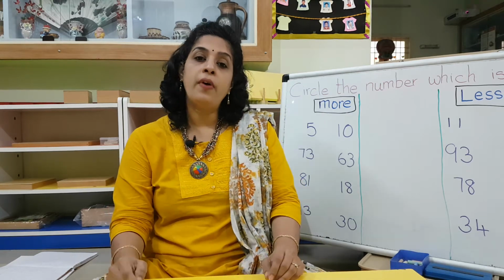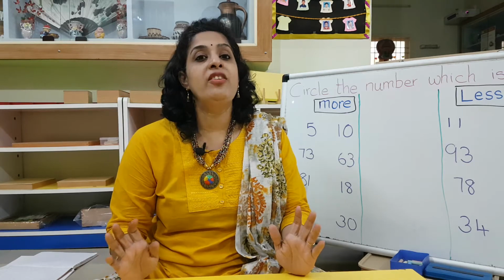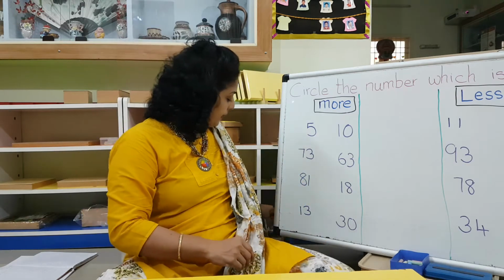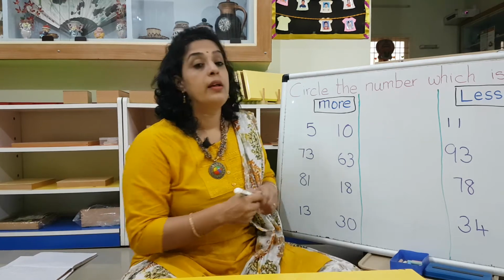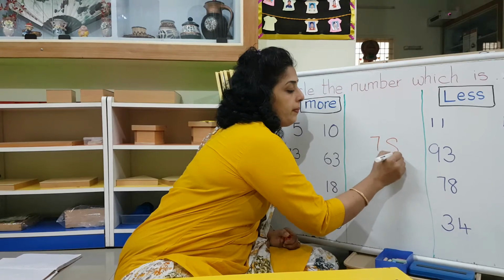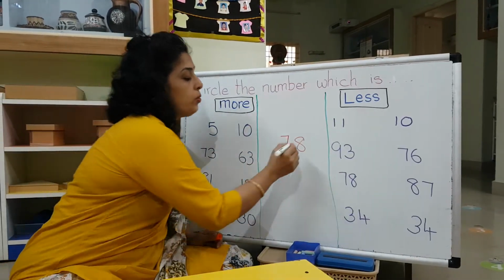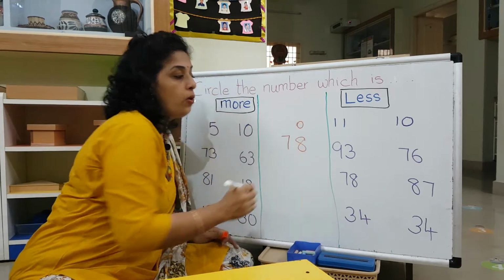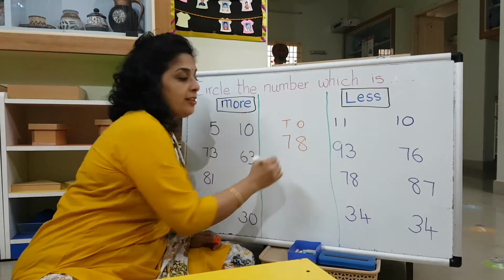Okay. Now to find out that, you will have to know the place value. That is, see, if I am going to write a number 78, what you must do is, you have to see this. You know that this is in ones place, 8 is units, right, and this is in tens place.